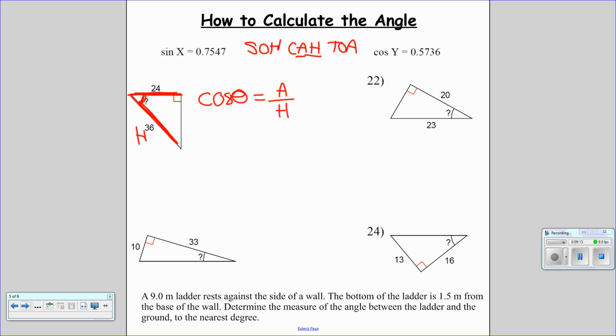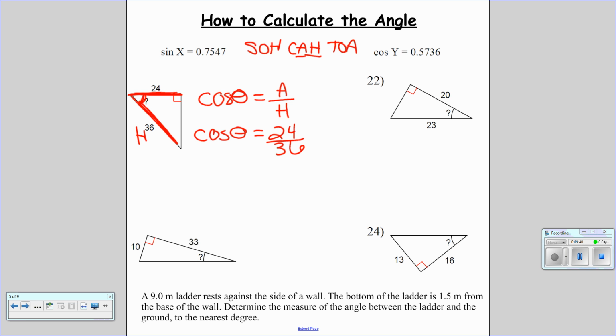Okay, now they use B over C in the equation. That's the same thing. Okay, in that case, B is the adjacent side and C is the hypotenuse. So cosine of theta is equal to 24 over 36. Now for sine and cosine, it should always be less than 1 because your hypotenuse is your longest side and it's on the bottom.